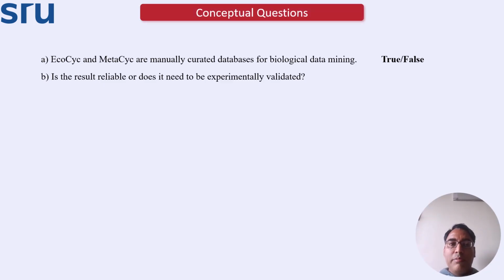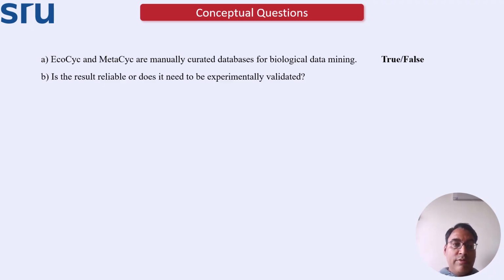So now tell me the question: Ecocyc and Metacyc are manually curated databases for biological data mining. It is of course a true statement. All the errors, all the missing links, all the inaccurate definitions regarding the functional nature of various enzymes are always corrected by manual curation. We manually correct the things.